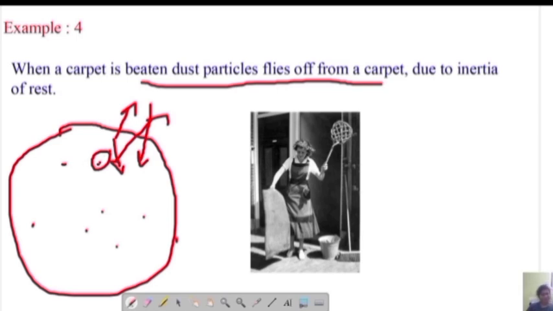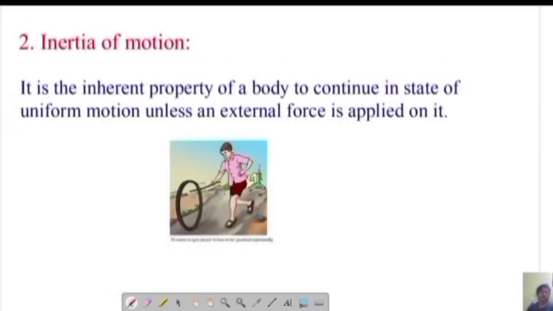Since it is in the state of rest, it will be flied off. It stays in that position, and by the air it will be flied off. That is also due to what? Inertia of rest. You can see many more examples of inertia of rest in your daily life. Is it clear? I hope you understood. So let's go for the next type of inertia, that is inertia of motion.